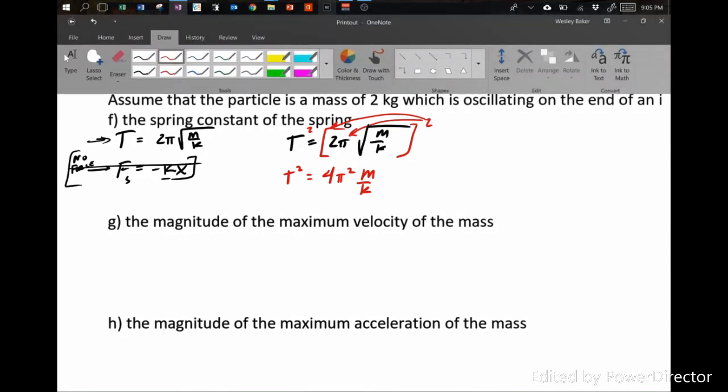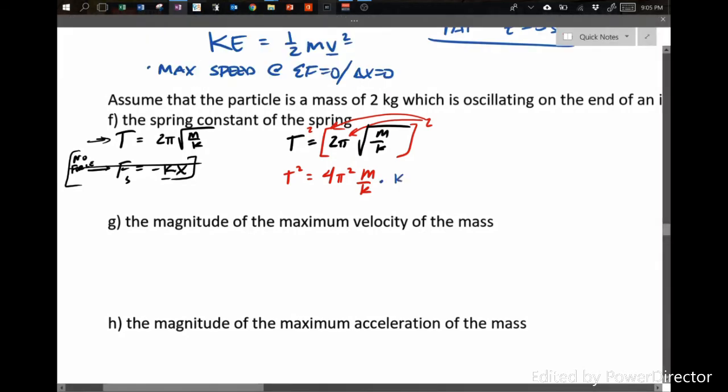Now I want to get k all by itself. I want to multiply and on top. So the first thing, the most important thing, is getting k on the top. We multiply both sides by k. So k times T squared is equal to 4 pi squared m. And then to isolate k, we divide both sides by the period squared. So k is equal to 4 pi squared times the mass divided by the period squared.